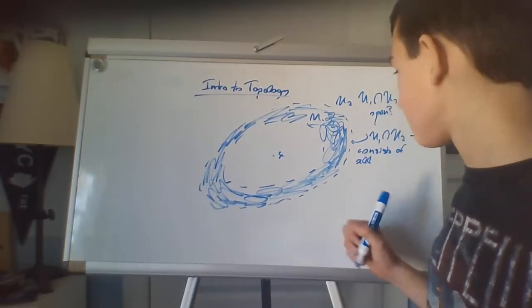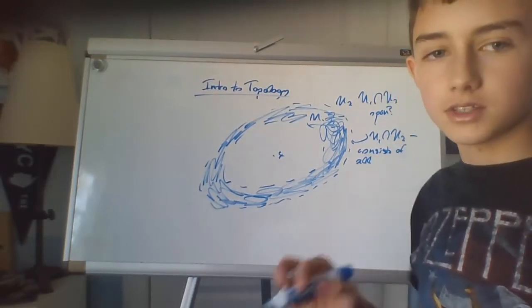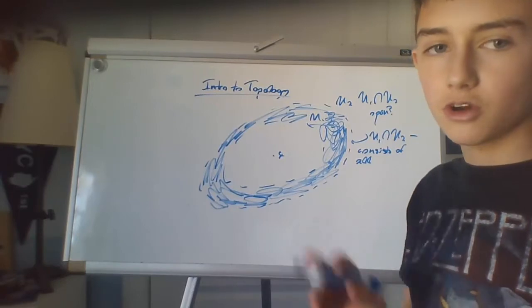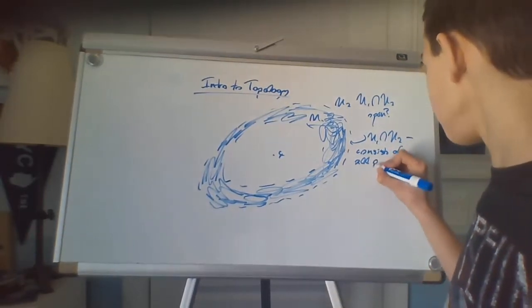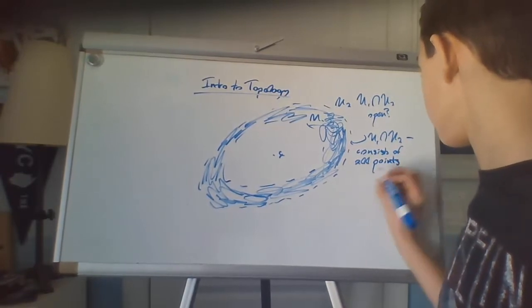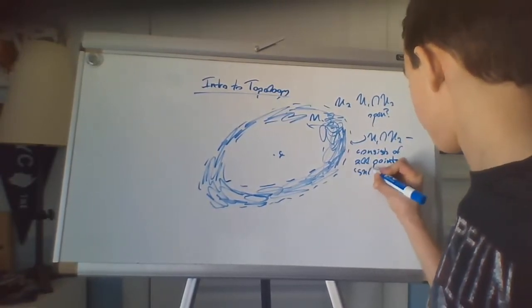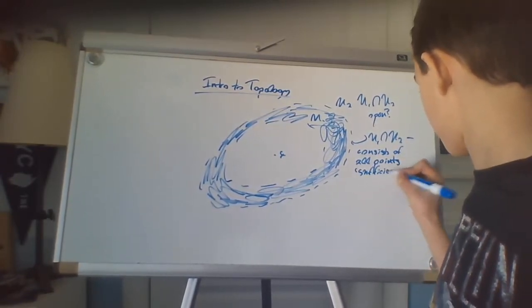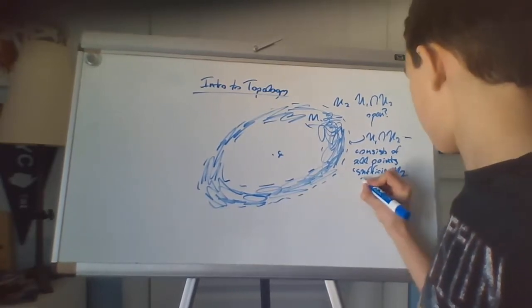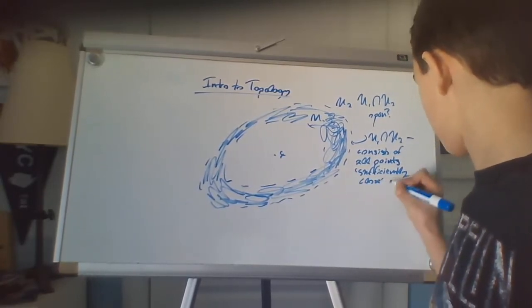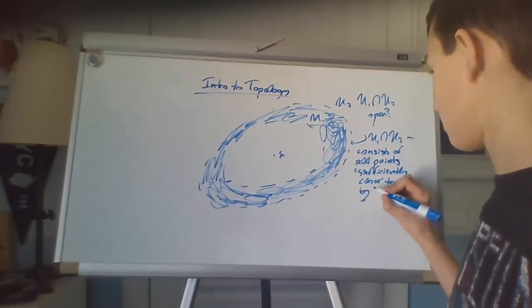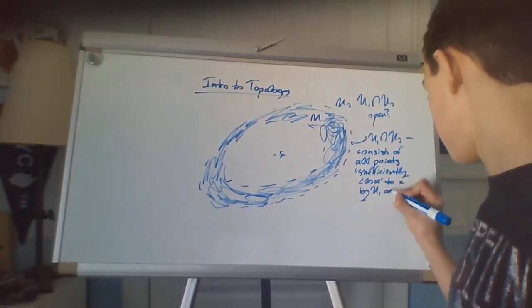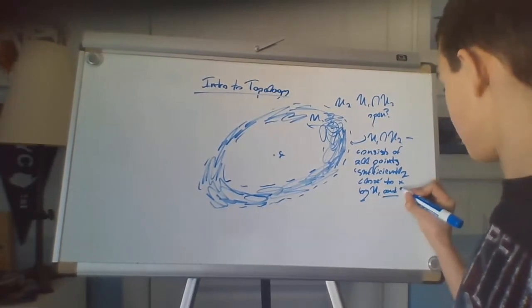So it's all the points that are sufficiently close to X by the nomenclature of U1 and U2.